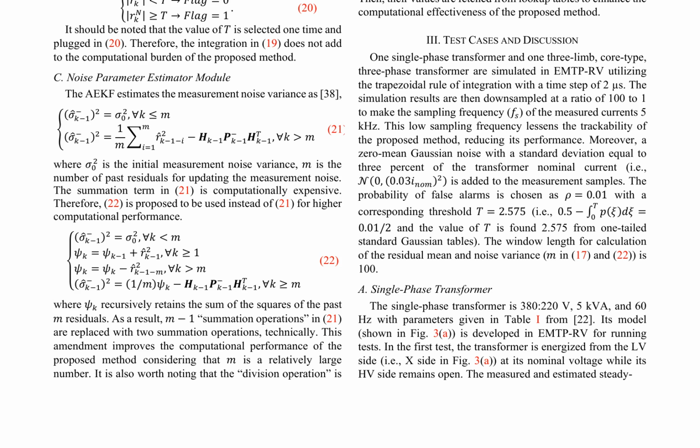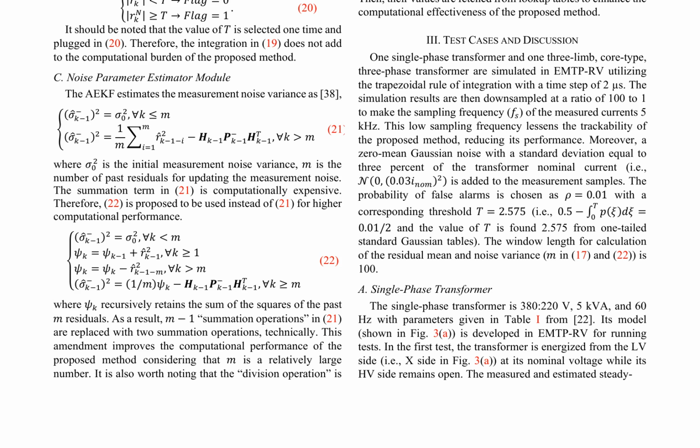The noise parameter estimator module updates the measurement noise variance using either equation 21 or the proposed equation 22 for improved computational performance. The interpolator module reconstructs samples at a high sampling rate suitable for the solver, using equations 23 to 25.